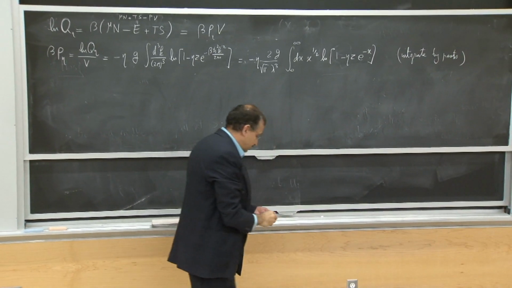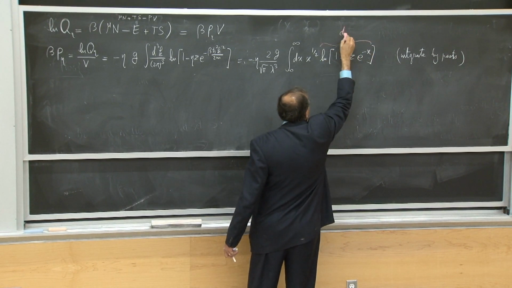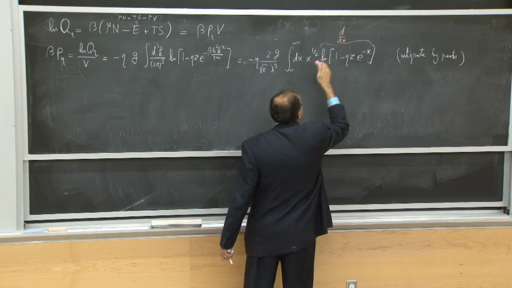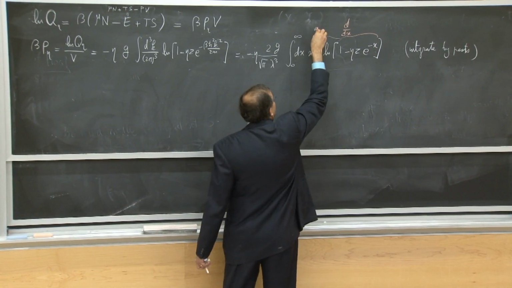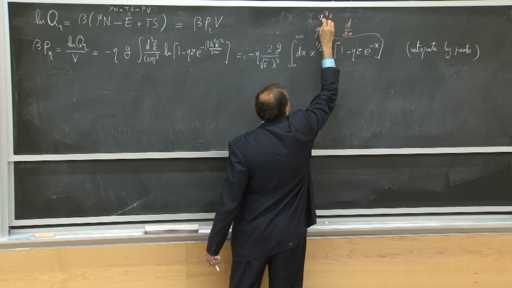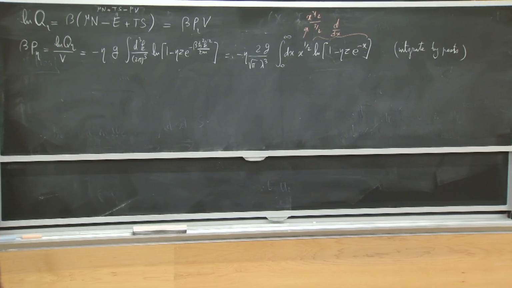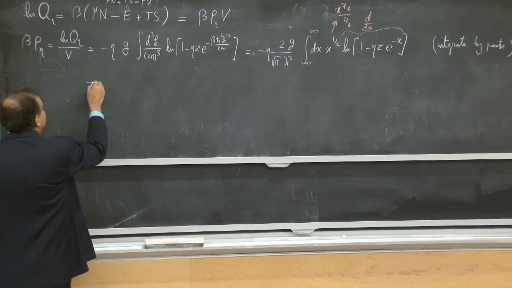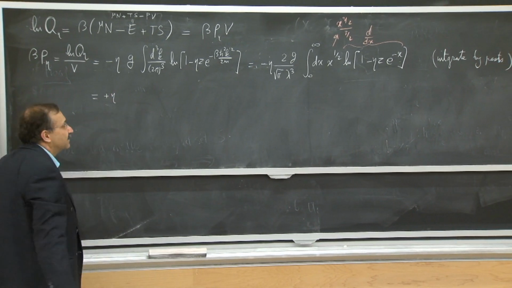In which case, what I do is I take a derivative of this, and I take an integral of x to the 1/2. Integral of x to the 1/2 becomes x to the 3/2 over 3/2. There is, of course, a minus sign involved. So this minus becomes plus eta.